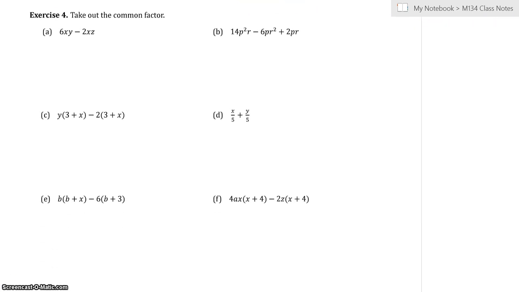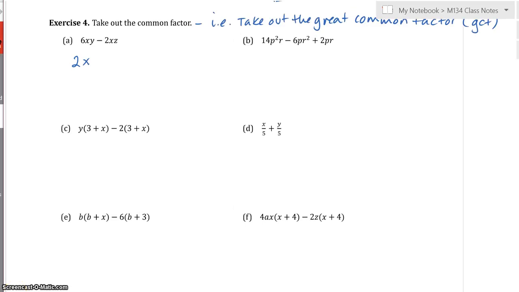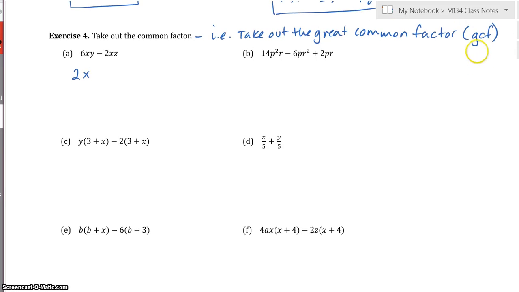Let's do the first couple together, since this is new. What is common in this one is a 2. Notice how this is 2 times 3 and this is a 2 there. There's something else common. You need to take out what sometimes I'll say, take out the greatest common factor, sometimes known as the GCF. So here, not only is a 2 common, but an x is common as well.